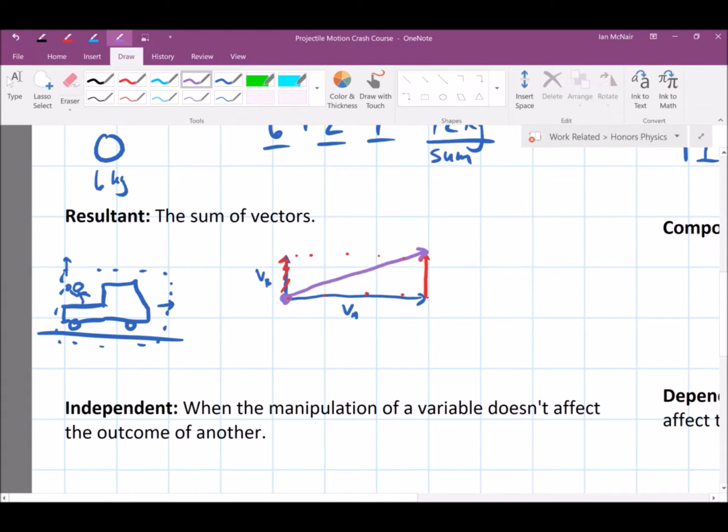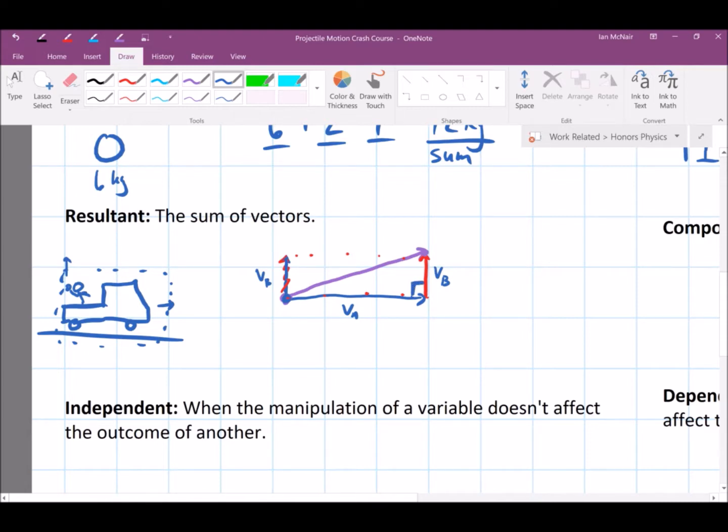Something you might notice right away is that this new red one that we made is actually just vector B. And this purple diagonal one is going to be a hypotenuse. Not only that, but we have a right triangle.